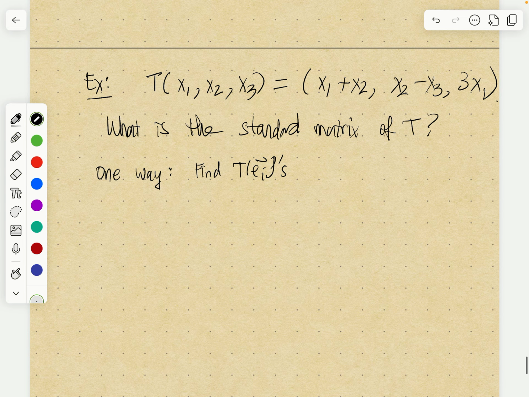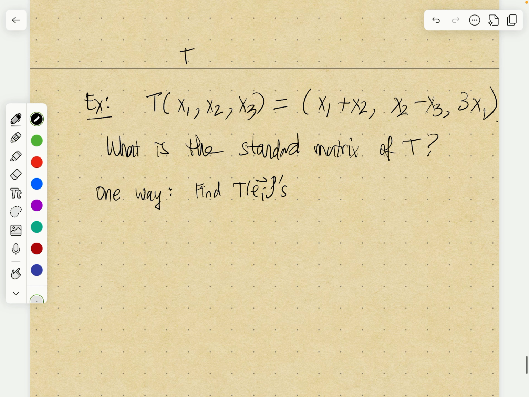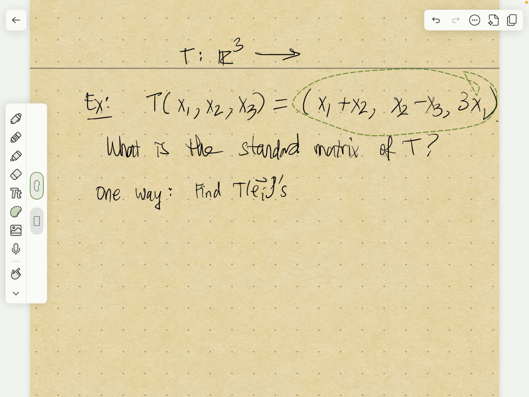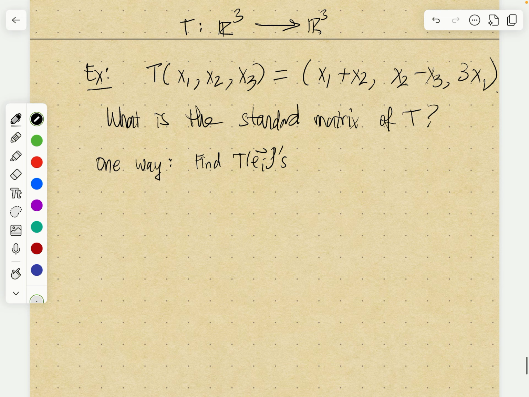I see that my input has three components, so this is a linear transformation whose domain is R3, and what's the codomain? The codomain is also R3 because the output has three components. So I know that I have a 3 by 3 matrix, and so my n is 3. So I have an e1, e2, and e3.